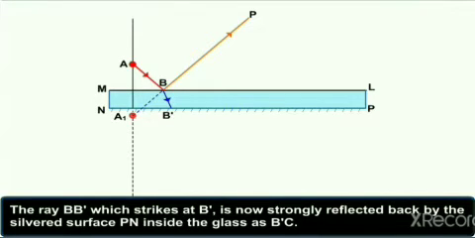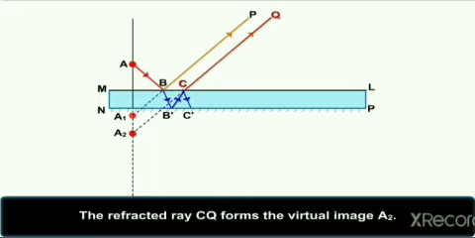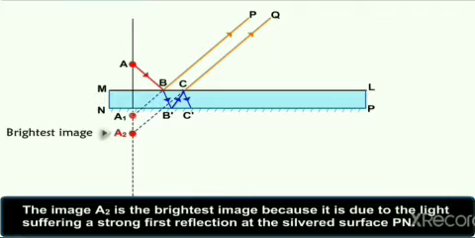The ray BB', which strikes at B', is now strongly reflected back by the silvered surface PN inside the glass as B'C. This ray is then partially refracted along CQ in air and partially reflected along CC' within the glass. The refracted ray CQ forms the virtual image A2. The image A2 is the brightest image because it is due to the light suffering a strong first reflection at the silvered surface PN.